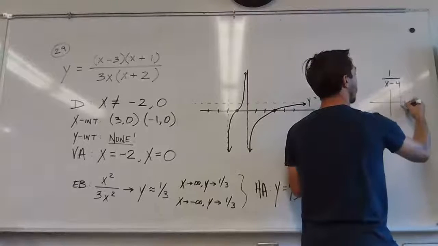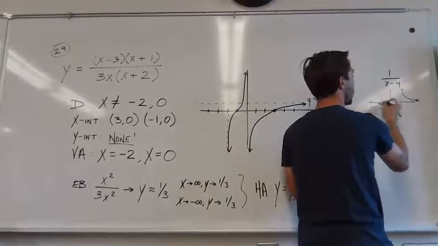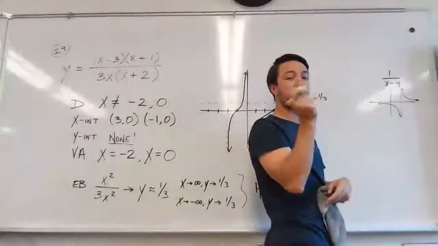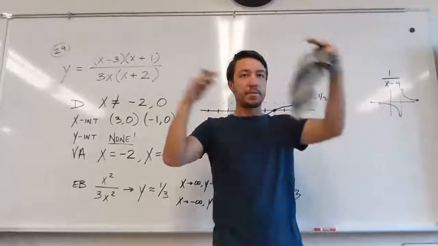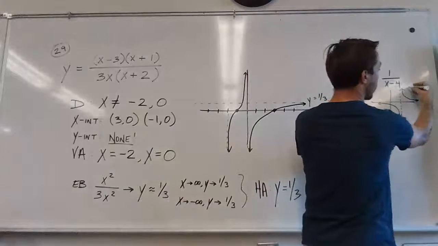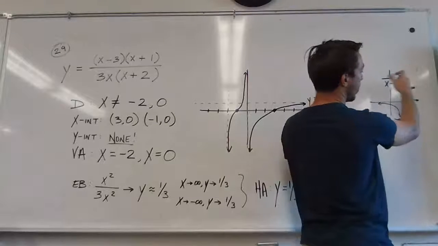There's an asymptote, of course, at 4. This one's kind of easy peasy because it's the 1 over x function shifted right 4. Look at the asymptote. They go in opposite directions, right? Positive infinity and then negative infinity. So they're going in opposite directions.